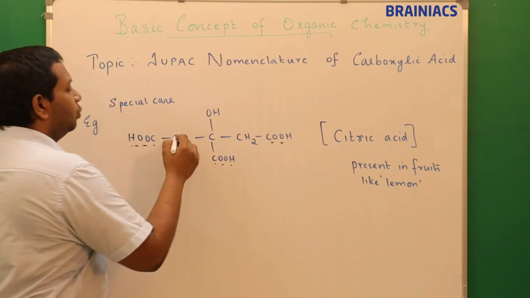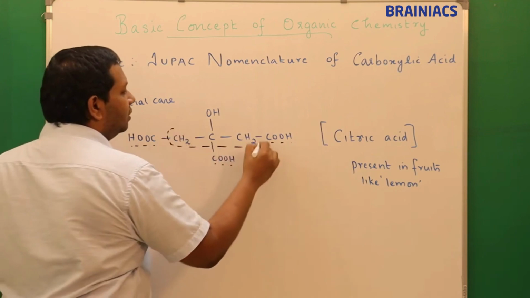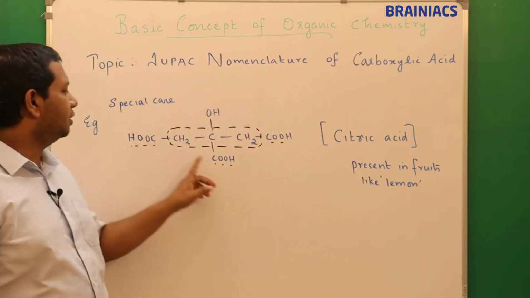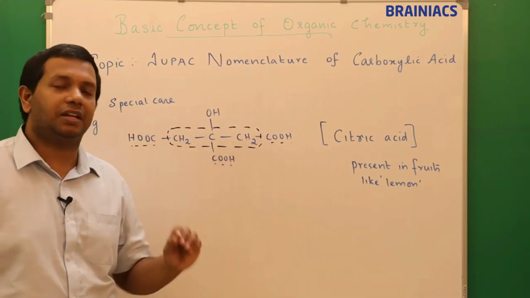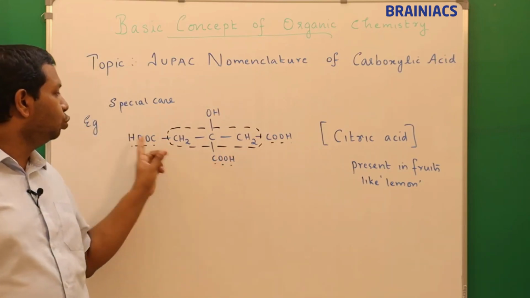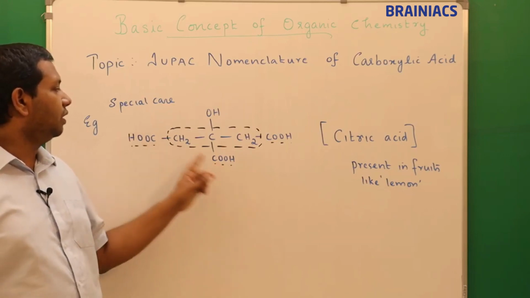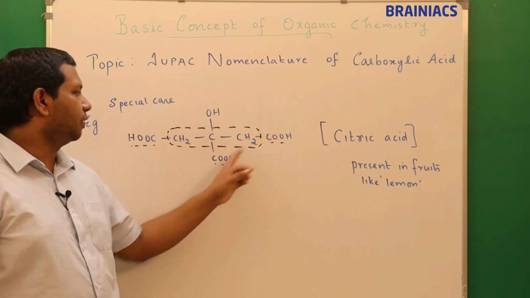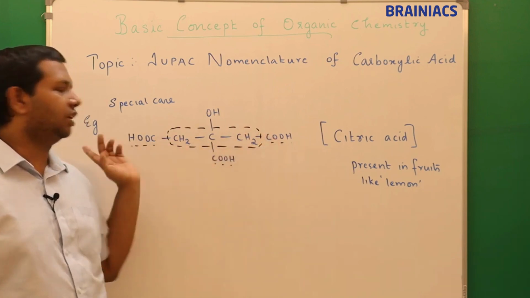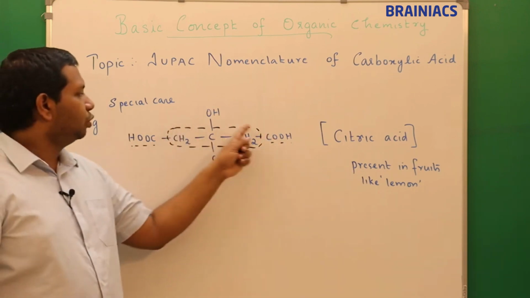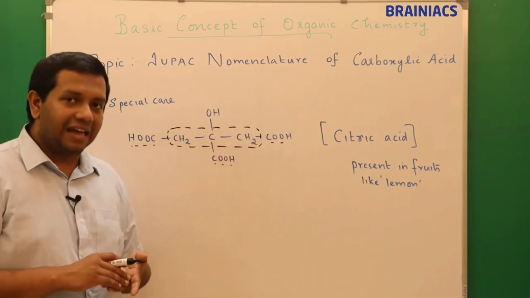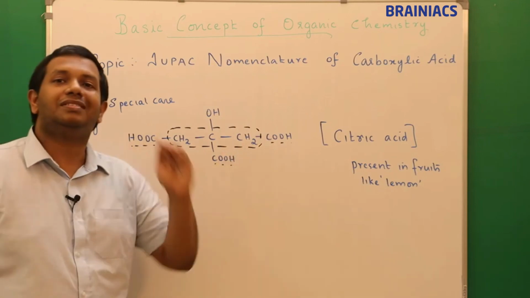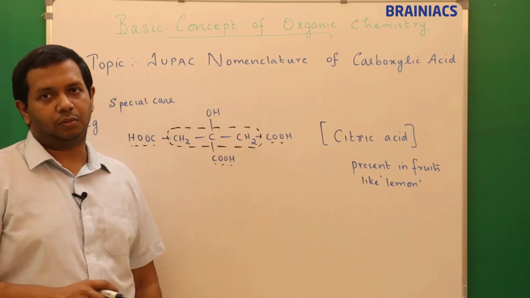That means you can choose the parent chain like this only. I have not included this C and this C. The reason is that more than 2 carbon containing functional groups are present in the parent chain. So what should I do? I should not include any carbon of that functional group. This is the special rule or miscellaneous rule.